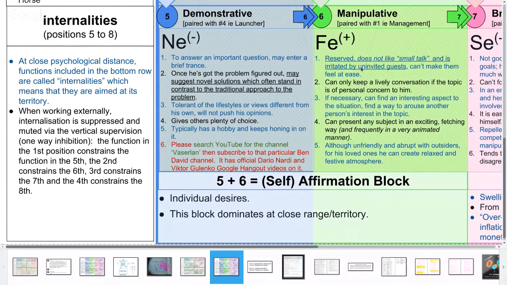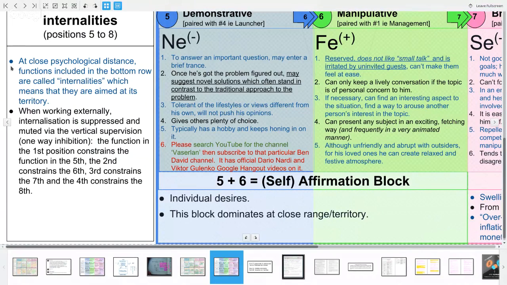So, here, at close psychological distance, functions included in the bottom row are called internalities, which means they're aimed at his territory. Right. When working externally, internalization is suppressed and muted by the vertical supervision one-way inhibition. The function in the first position constrains the fifth, the second.